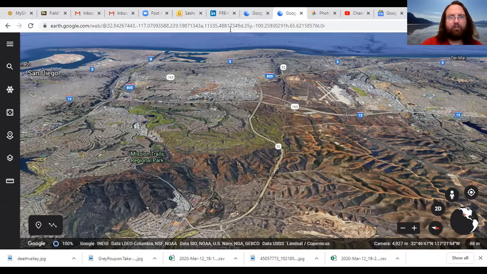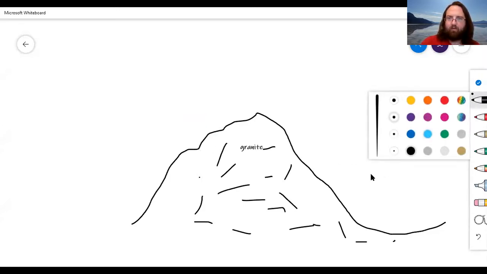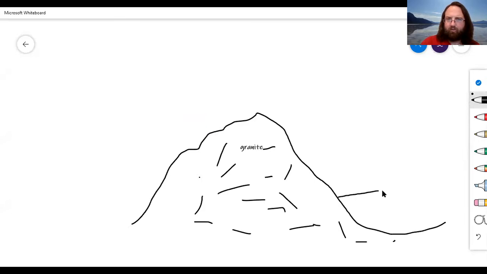Let's see what's going on here. We're going to switch our view to the whiteboard. What we got here is a big mountain of granite. Then our land surface is gently sloping down towards Mission Trails, and the San Diego River is running on top of it.